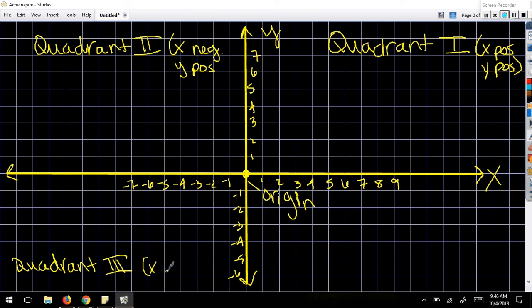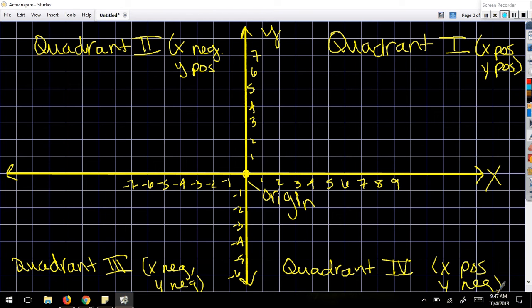X is negative, Y is negative. And then that leaves me the last one here, quadrant 4. X is what? What is Y? That is correct. Everybody okay on that?